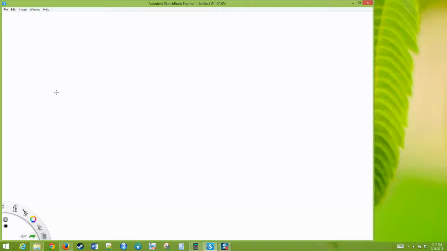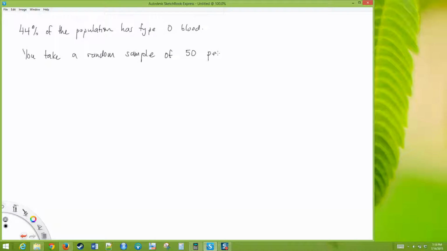Okay? So let's say 44% of the population has type O blood, and we will say you take a random sample of 50 people, and I'm going to ask, what is the probability that at least 20 people have type O blood.